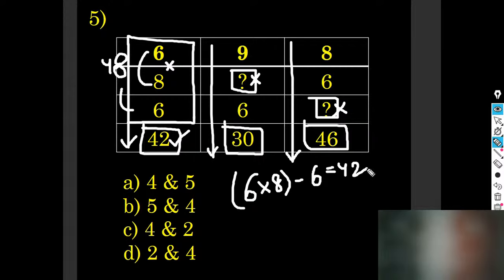Okay, let us check what can be the answer. In the same way, 9 into what minus 6 gives us 30. We have options like 4, 5, 4 and 2.